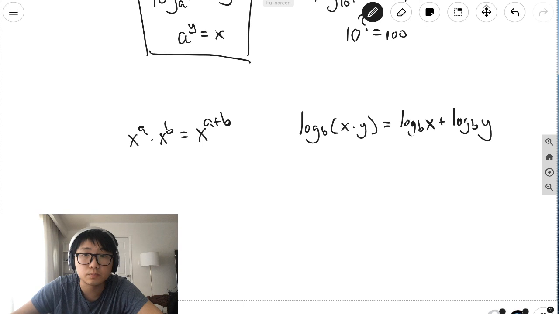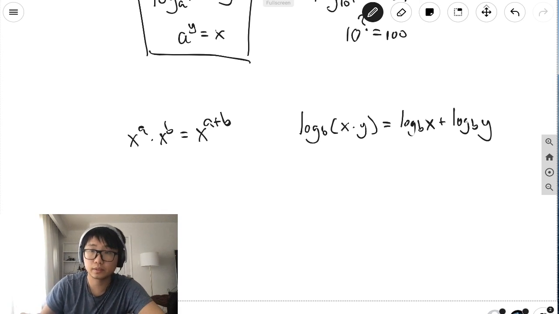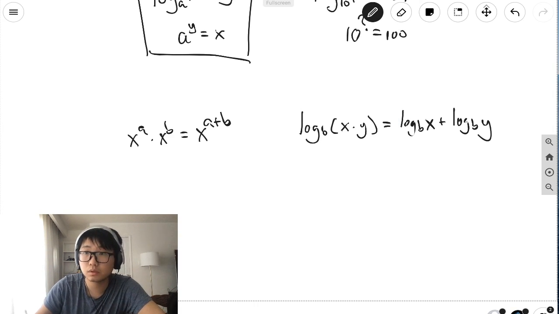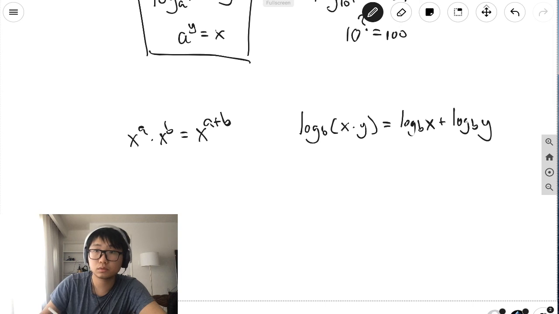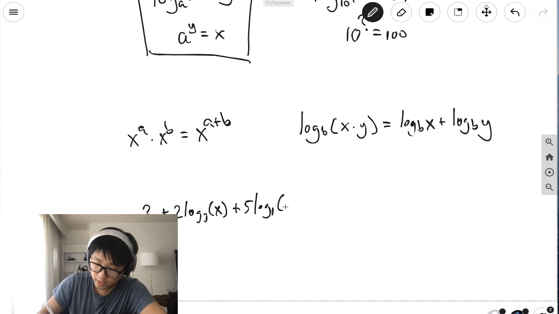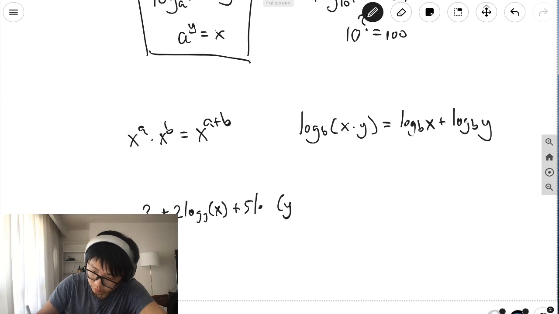So for example, can you simplify this for me? 3 plus 2 log base 3 x plus 5 log base 3 y. I want you to express this in a single logarithm.